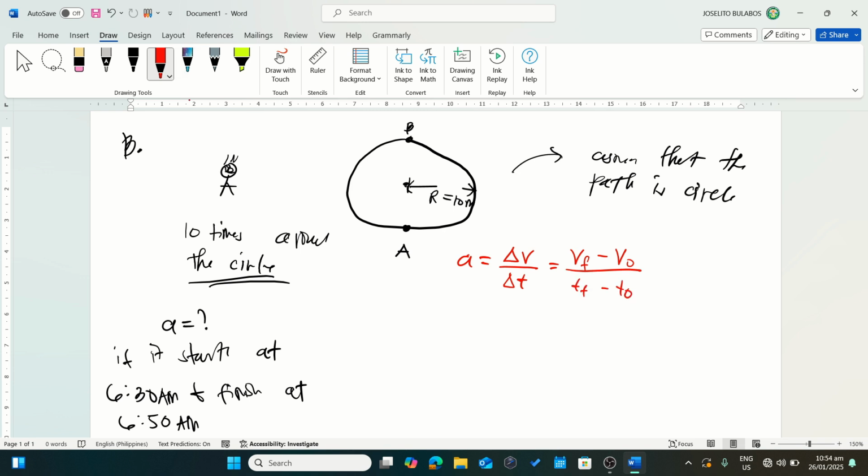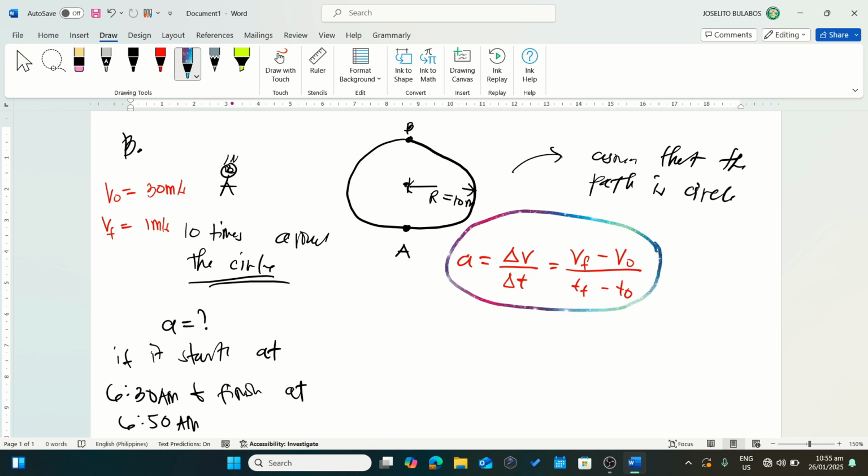We're going to assume that the initial velocity is 30 meters per second and the final velocity is 1 meter per second. You might be tempted to solve the problem using this equation. However, it is not always the case. So you better first analyze the problem before doing any mathematical calculation.